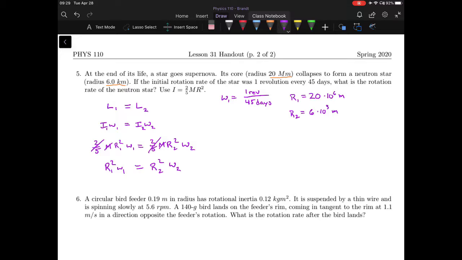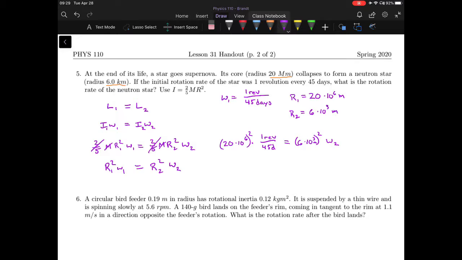So when we plug all this in, we're going to get 20 times 10 to the 6th, and then this is all squared, times omega 1, which is 1 revolution in 45 days. And that's going to equal 6 times 10 to the third squared times omega 2.